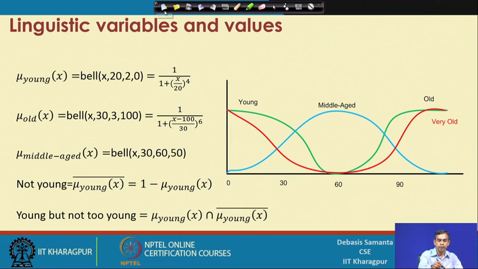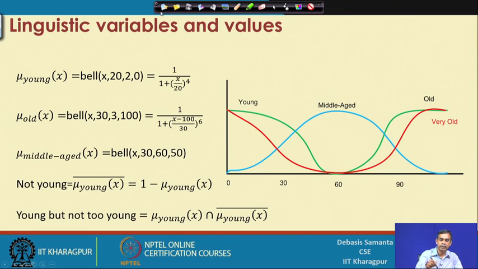As an example, if this is the fuzzy set young, then by applying dilation we can define another fuzzy set, very young, like this. Similarly, if this is the fuzzy set old, then using concentration we can define another fuzzy set, very old, like this. So different fuzzy sets can be obtained from existing fuzzy sets if we follow some concentration and dilation formula.